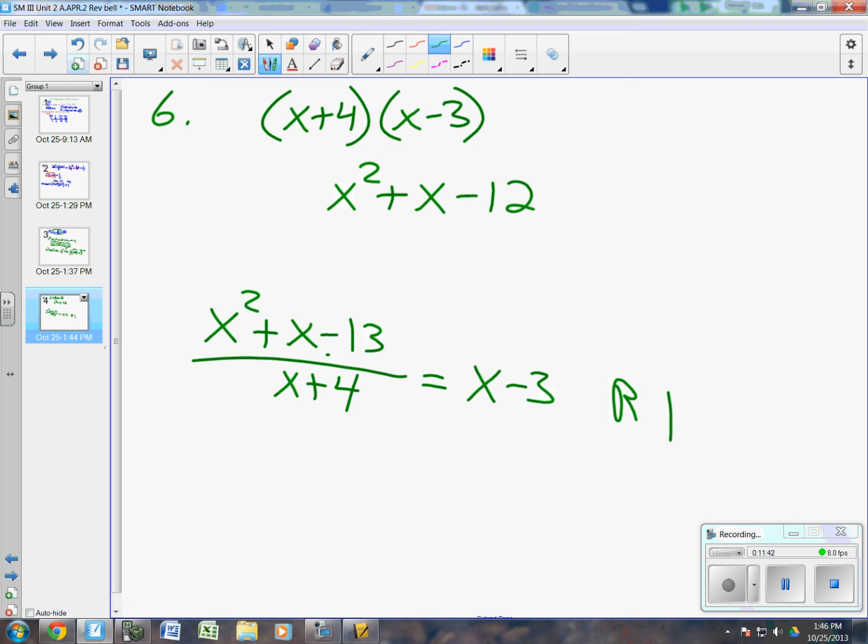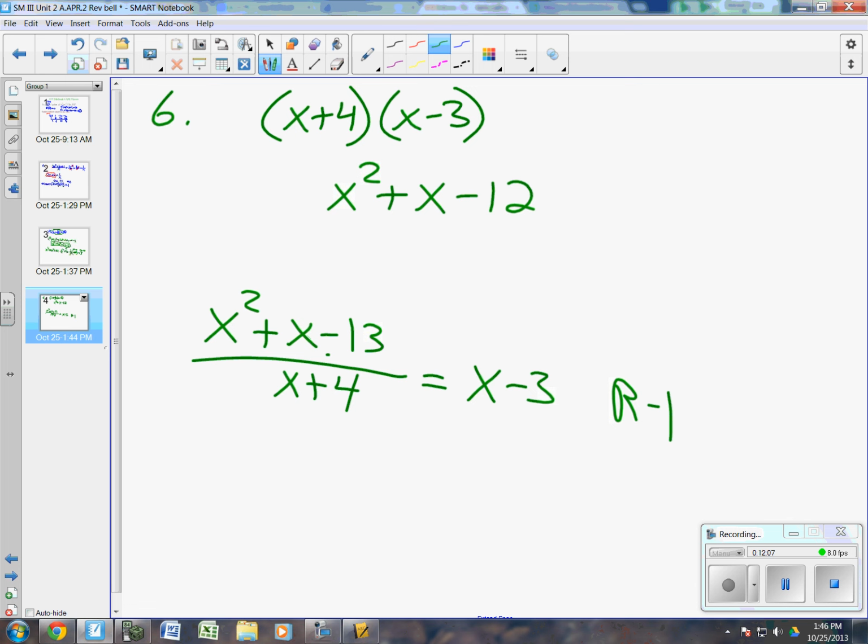So if I take this, which is just slightly different, the only difference is that it's negative 13 and that's negative 12, and divide by x plus 4, I will get x minus 3 with a remainder of 1. Or is it negative 1? Negative 1, yeah. No, it'd be a negative 1.